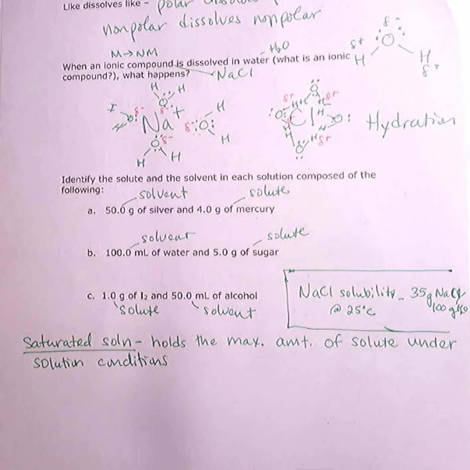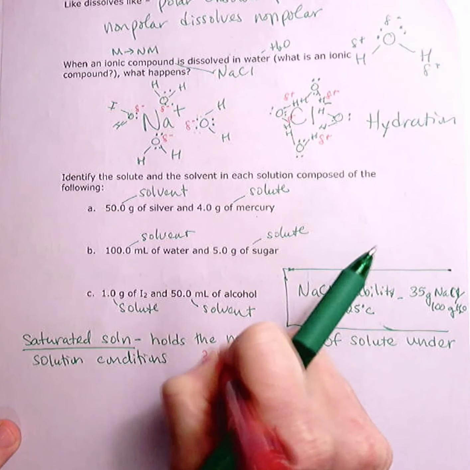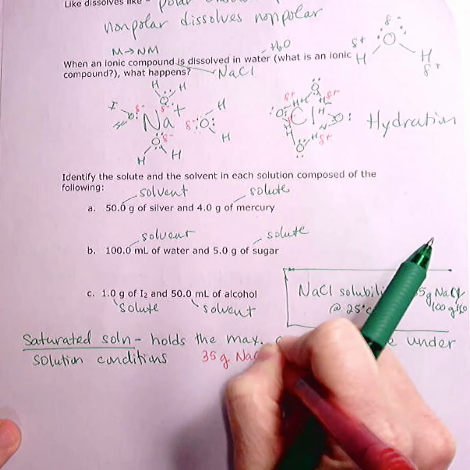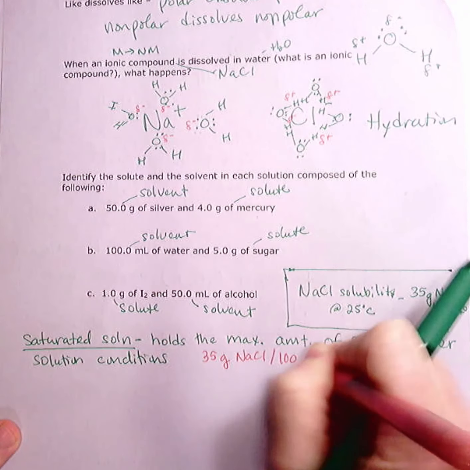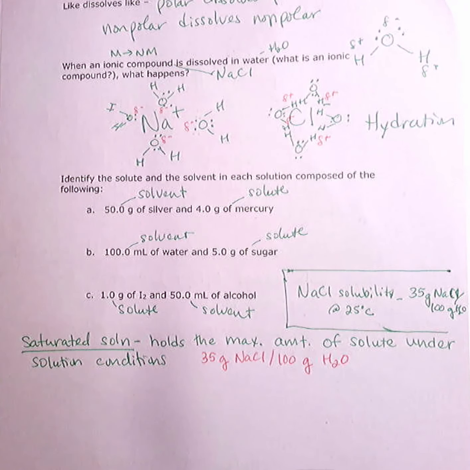So in this example, the amount would be 35 grams of NaCl per 100 grams of water. So you're never going to be able to get more sodium chloride into that solution. So 35 grams gets into that solution.